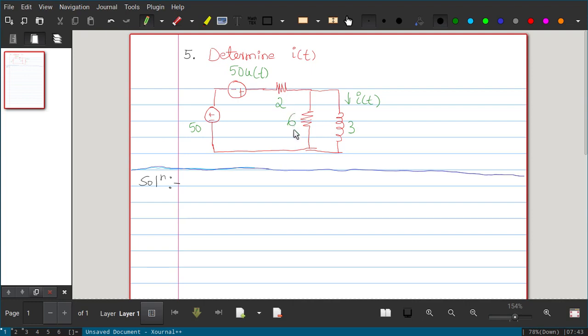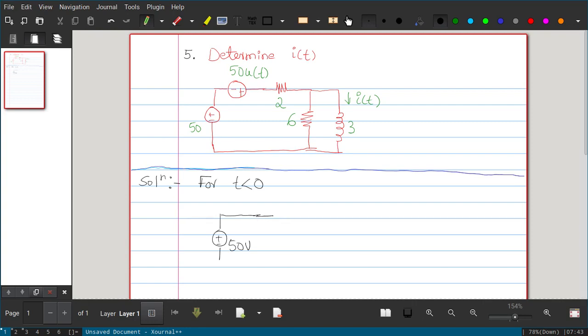Okay, so first we will work for t less than 0. So the circuit diagram we will draw. For t less than 0, this 50 volt source will be there, but this 50 u(t) will not be active. How to denote an inactive voltage source?